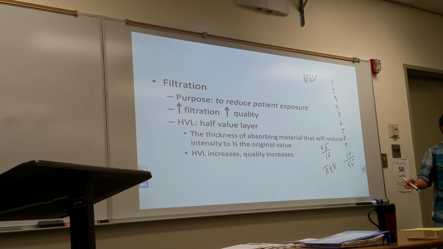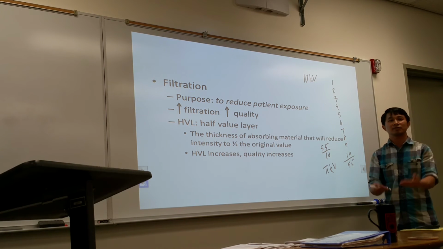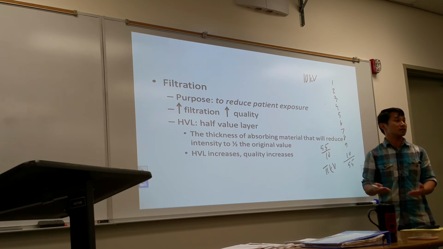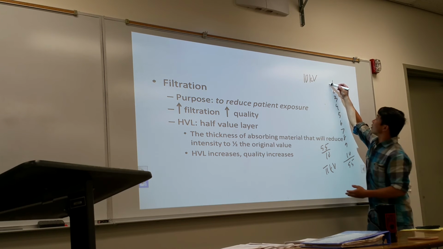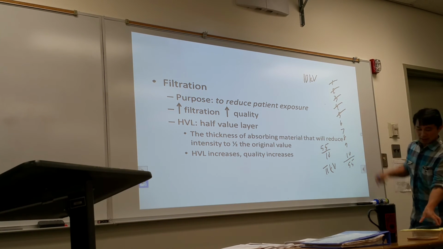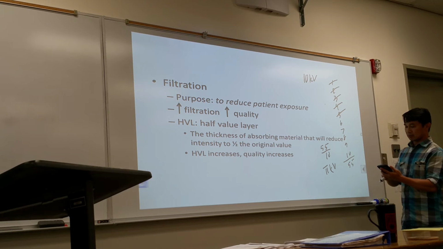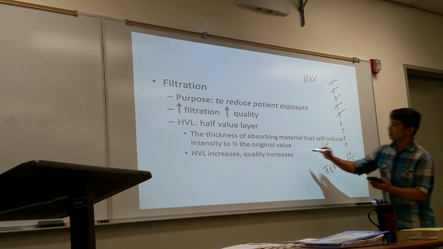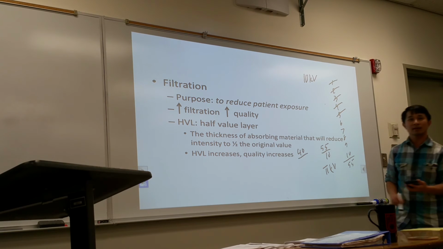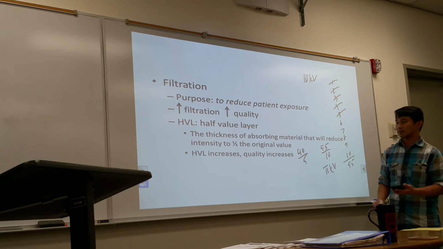If you place a filter in and it absorbs the low level energy, let's say you place a filter that absorbs all the low level energy up to 5 kV. So all you have is this. So we add up the average. 6 plus 7 plus 8 plus 9 plus 10, 40, divided by 5. Give you 8. Or is it?